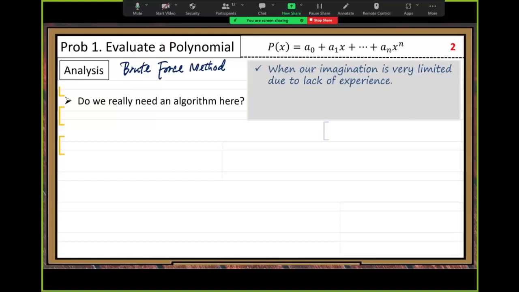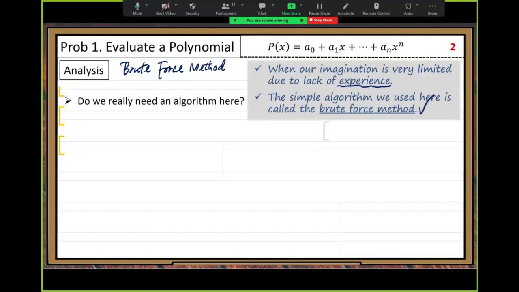So we need to get some experience to understand our computing problem better. So at the beginning, how do you get a good understanding? We want to do this brute force method. Brute force method typically means we do not need to use any special technique.